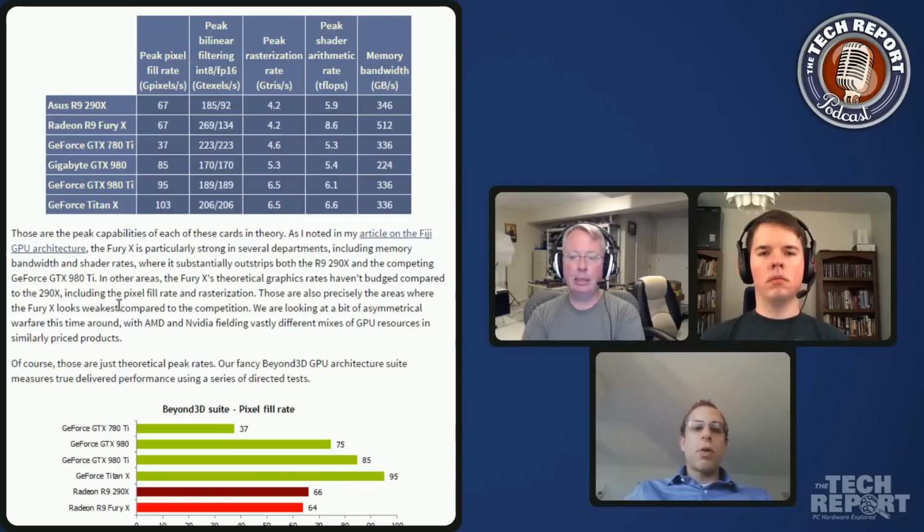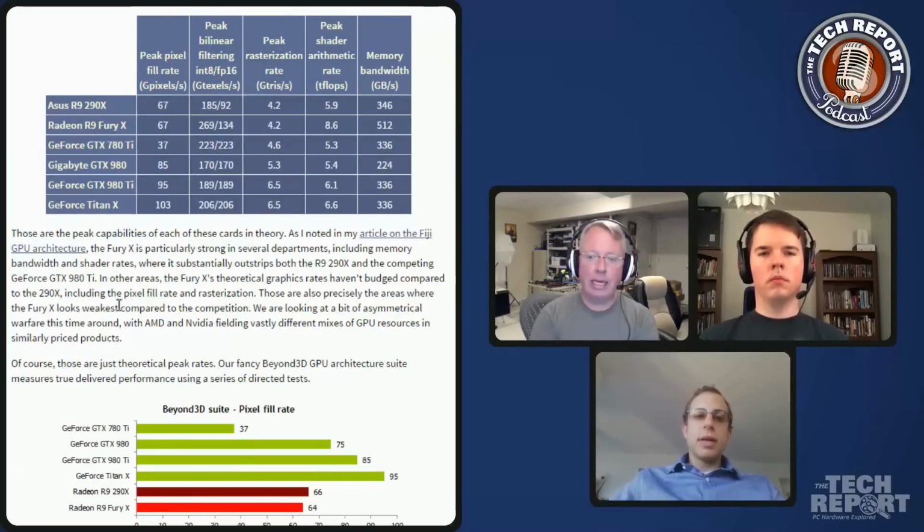Because the key for the ROPs is, how many pixels are we going to be shooting out? And if it's really fine for 4K and the picture at 4K looks better than at a lower resolution, then that's an indicator that it might not necessarily be the ROPs and might sit somewhere else in the pipeline. Right, and I want to get into that, but let me finish setting this up.